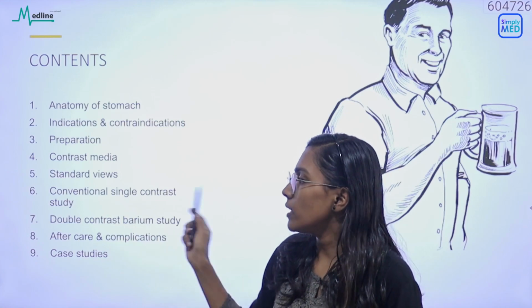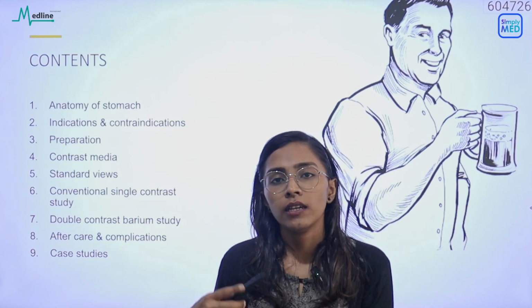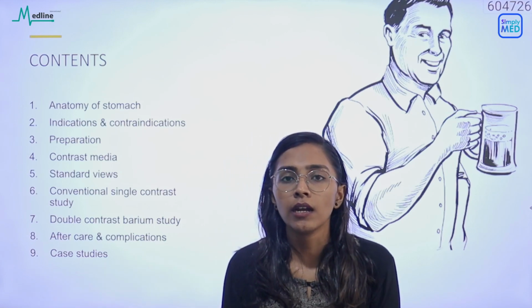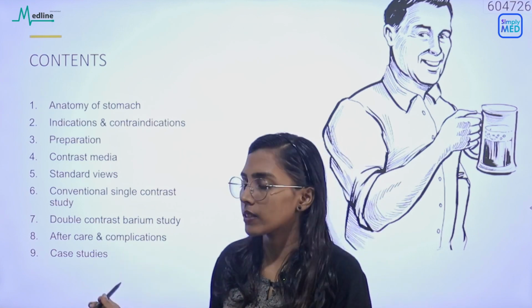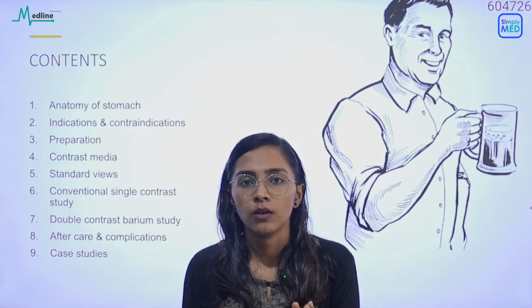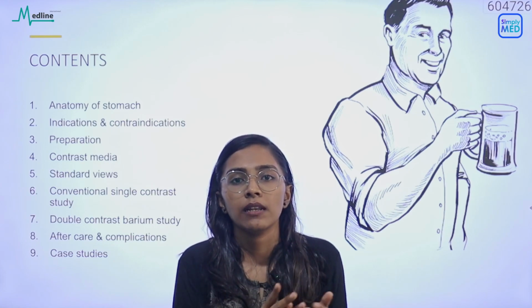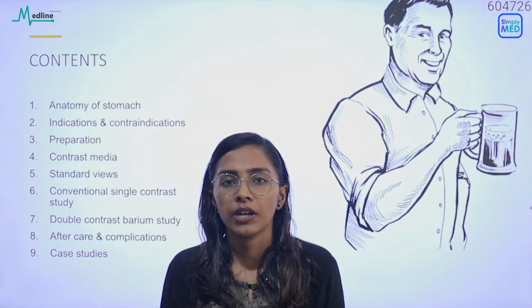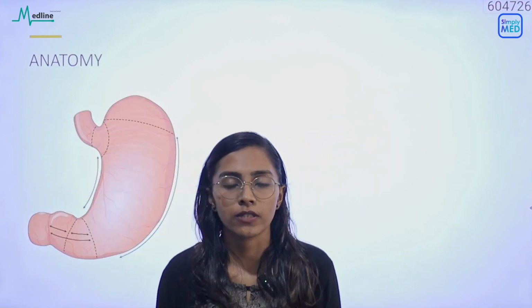After that, we'll discuss the single contrast study and double contrast study, and the complications and aftercare after we have done the barium meal study. We'll also discuss some case studies, so that you will be able to identify how the barium meal study appears for different conditions. So let's dive into the anatomy of the stomach.